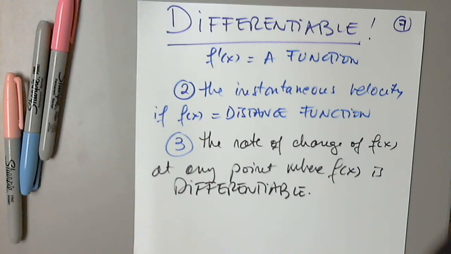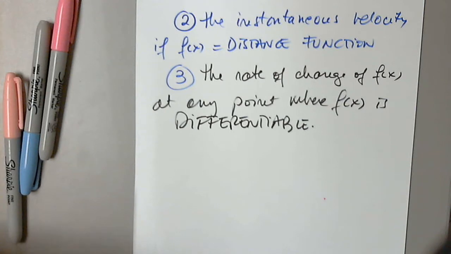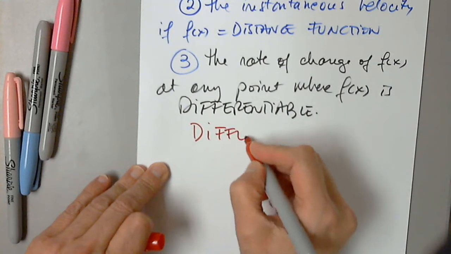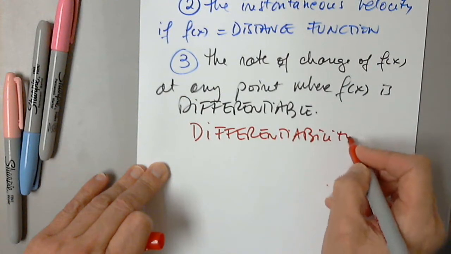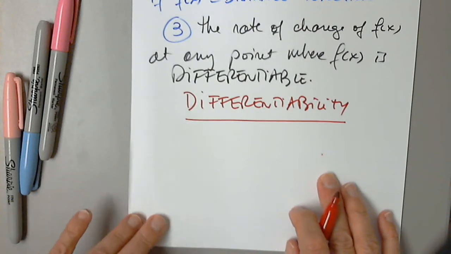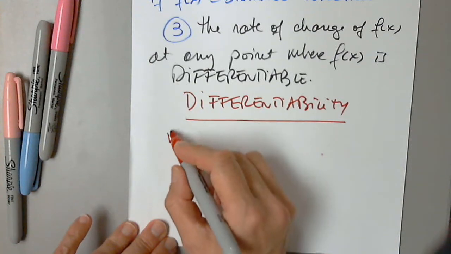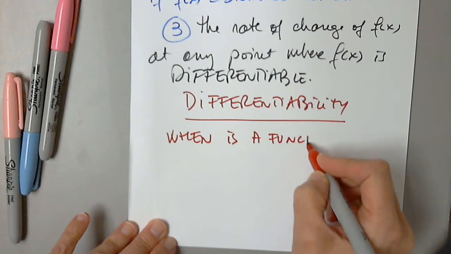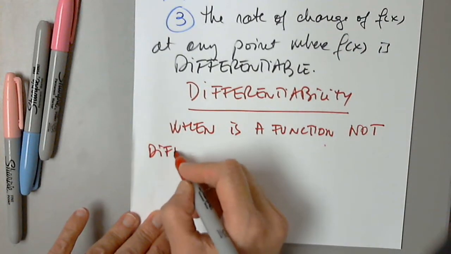Before we look at different functions and find their derivatives, I would like to talk about differentiability. When is a function not differentiable?